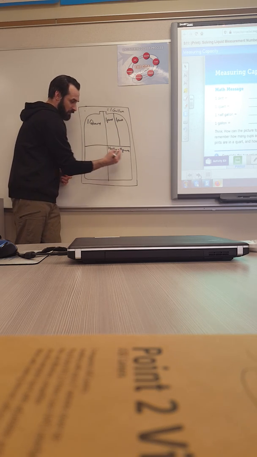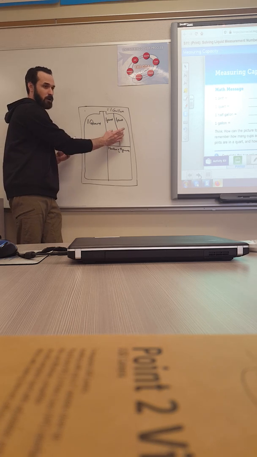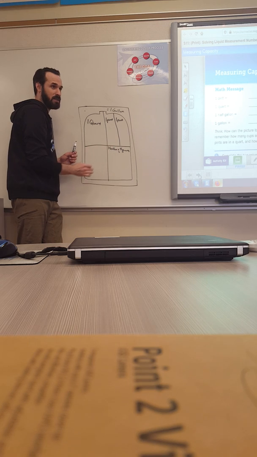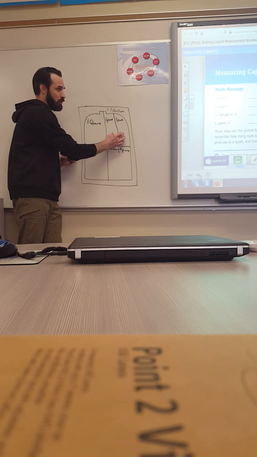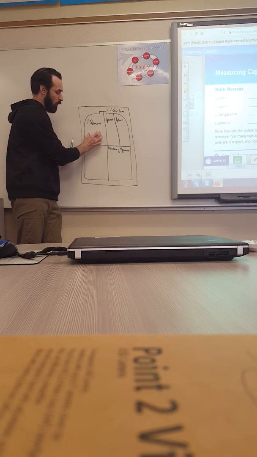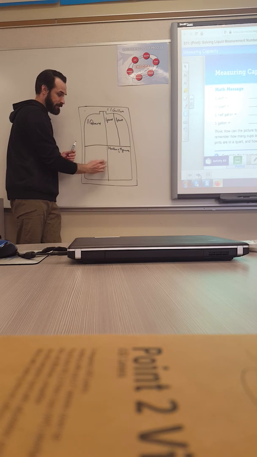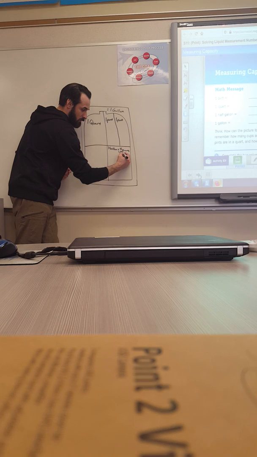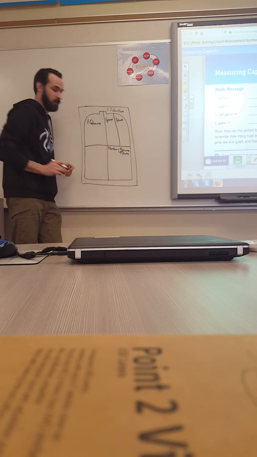But we want to put that down here for our gallon too. If there are 2 pints in a quart, how many pints would be in a gallon? 2, 4, 6, 8. There are 8 pints to make 1 gallon.